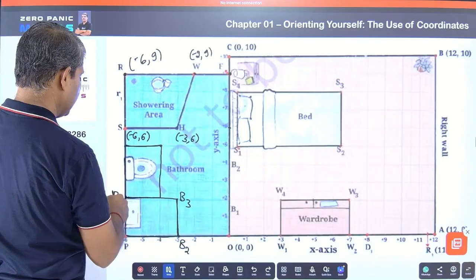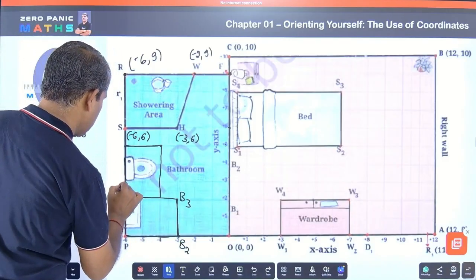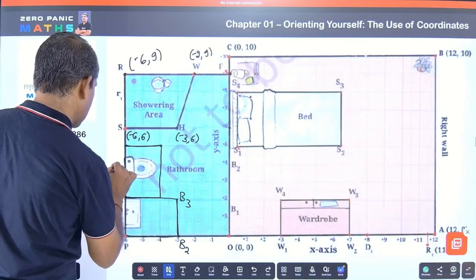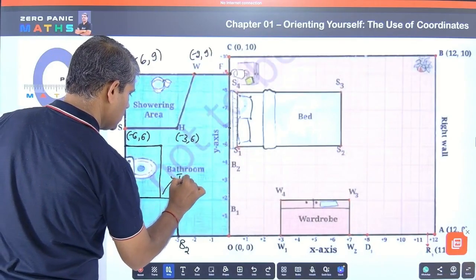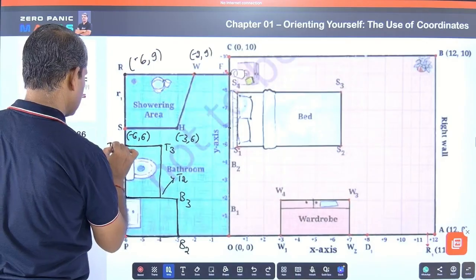The toilet area is already given here. I can say T1 for this point, toilet 1, this point is T2, this is T3 and this is T4.